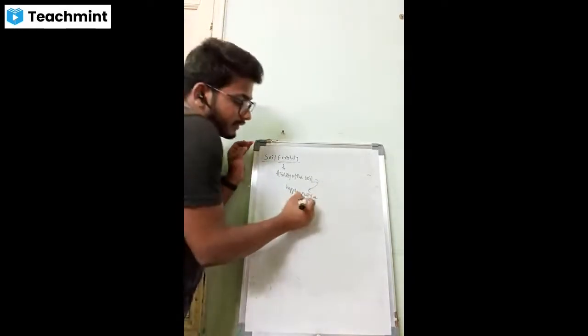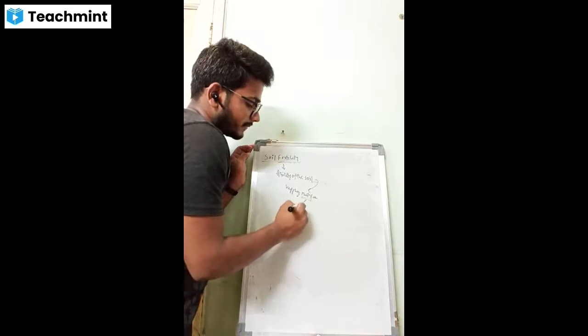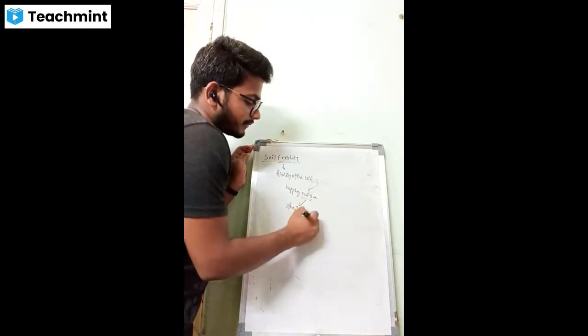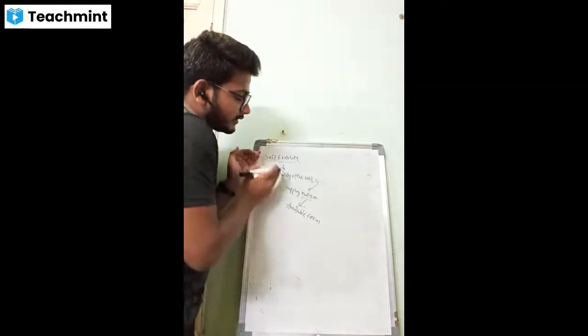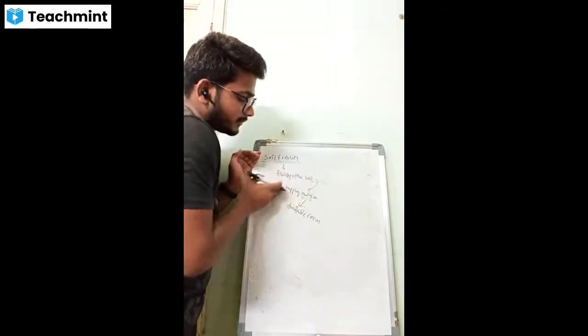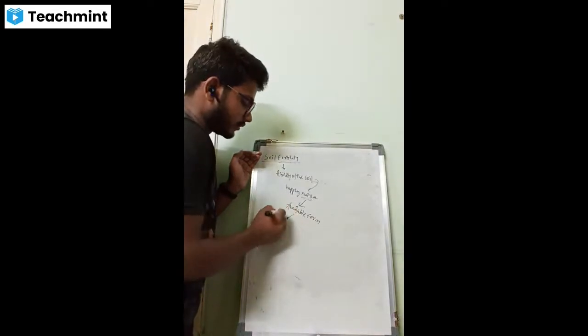Nutrients in the sense of available form, not in unavailable form. The soil fertility is nothing but the ability of the soil to supply nutrients in the available form to crop.